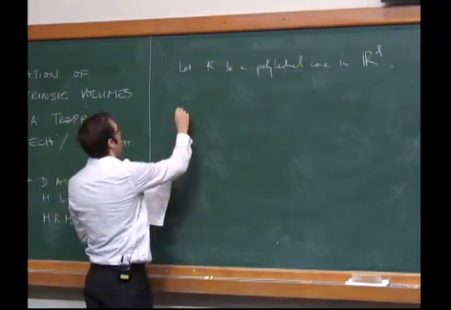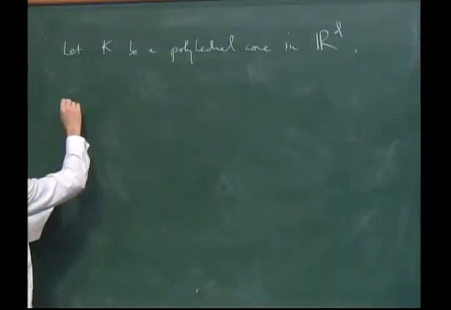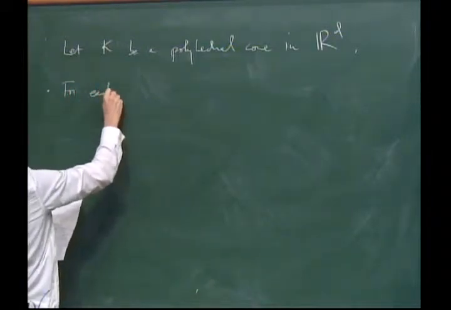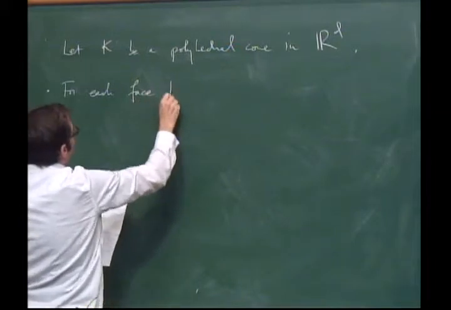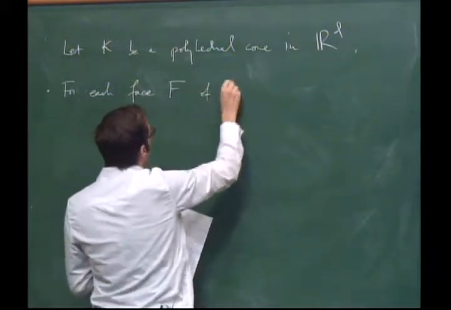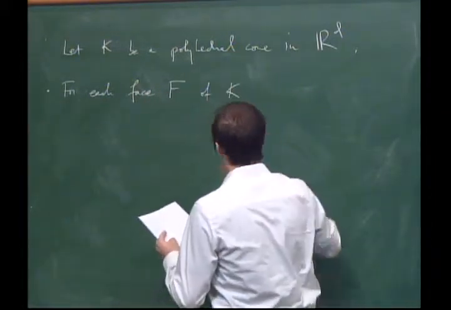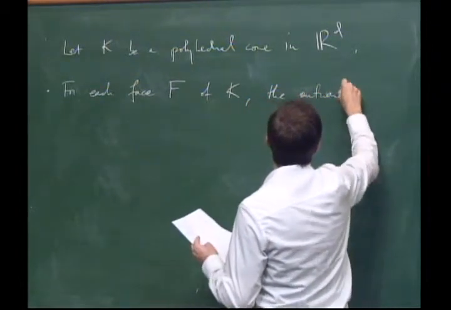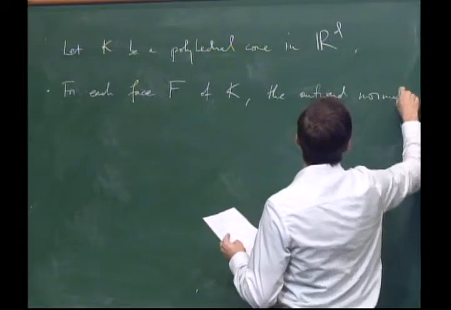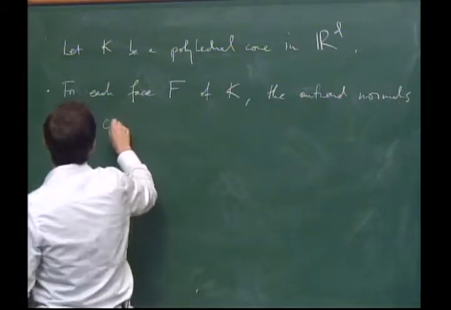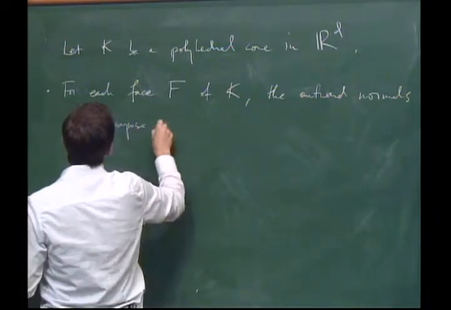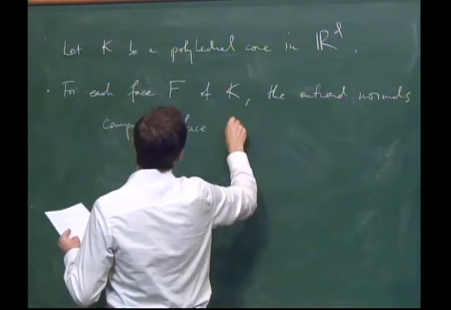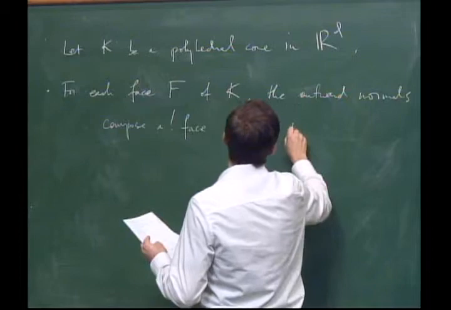Okay. So, a few facts. For each face f of K, the outward normals to that face compose a unique face of the polar cone.